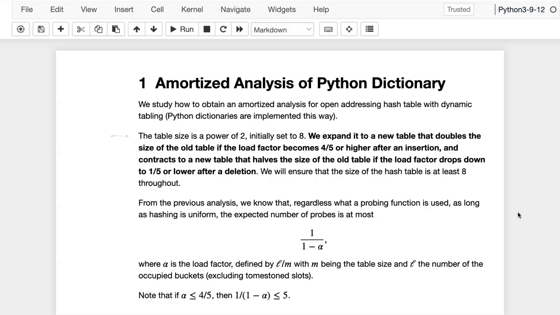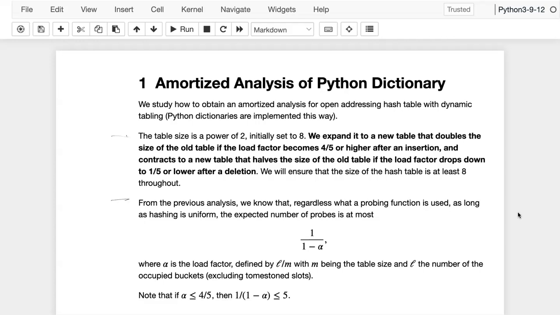We expand it to a new table that doubles the size of the old if the load factor becomes 4/5 or higher after an insertion, and contract to a new table that halves the size of the old if the load factor drops down to 1/5 or lower after a deletion. We will ensure that the size of the hash table is at least 8 throughout.